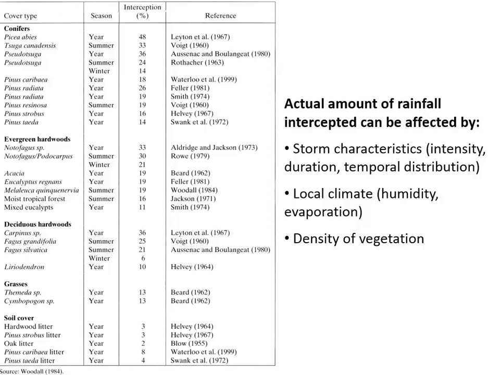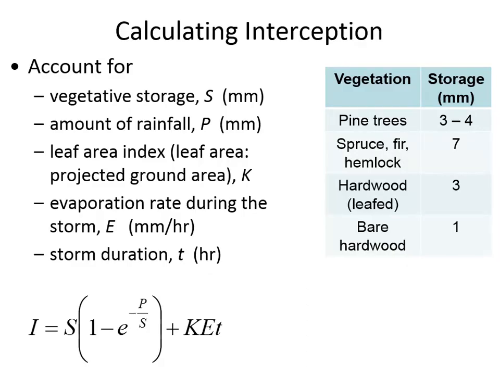If you have a stand of trees that are very tightly packed together, then there's going to be more interception than just a single tree where the branches aren't intertangled like they are in a very dense pack of trees. The age, size, health of the vegetation, and so on.